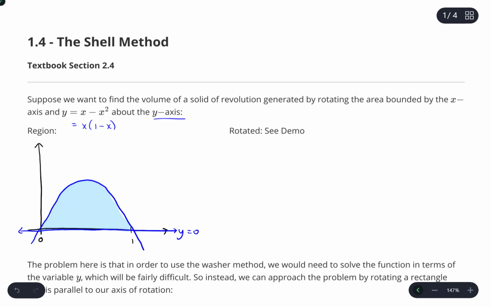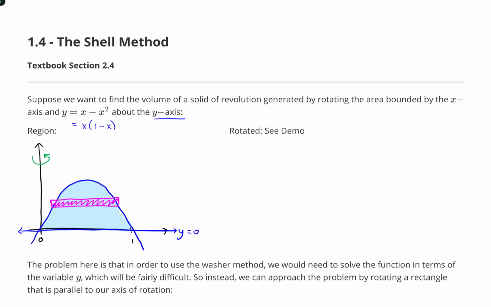It says here to rotate around the y-axis. Here's the thing: in order to use a disk method, I would need to be perpendicular to the axis of rotation. But to do that, I would have to know what the left and right endpoints of this rectangle are.